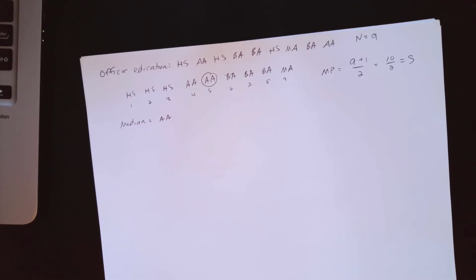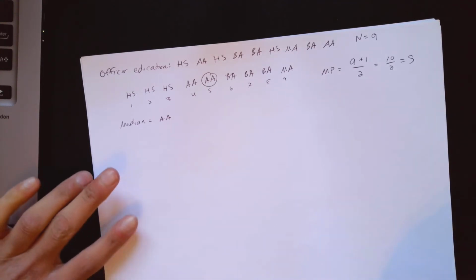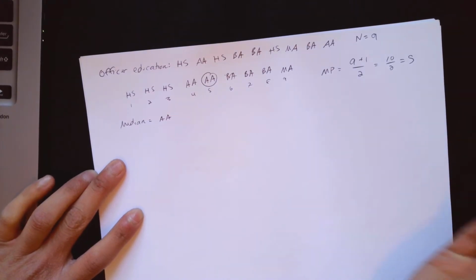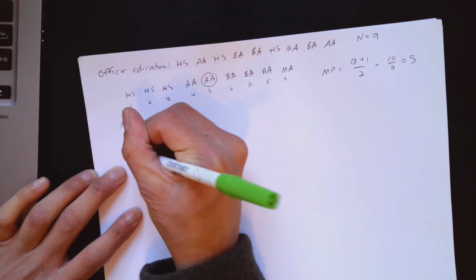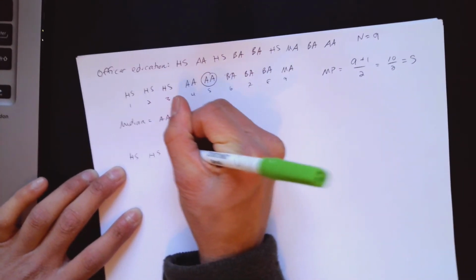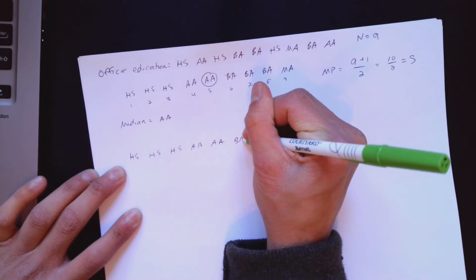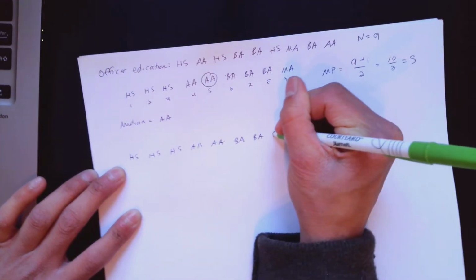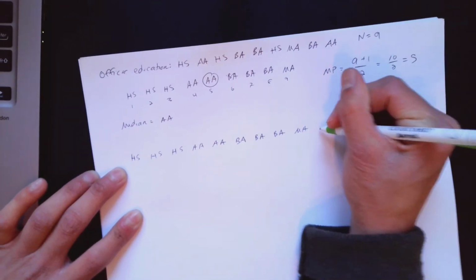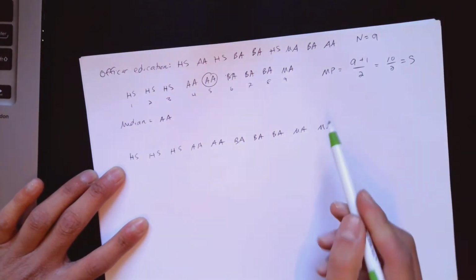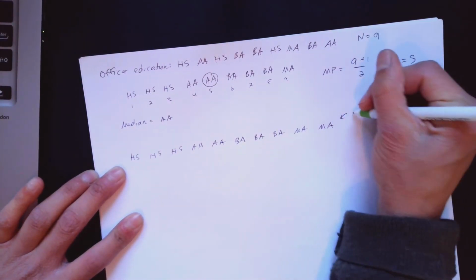All right, but what were to happen if we had one more person in our sample who had a master's? All right, so I'm going to write these out again in order. Except now I've added one more person who has a master's.